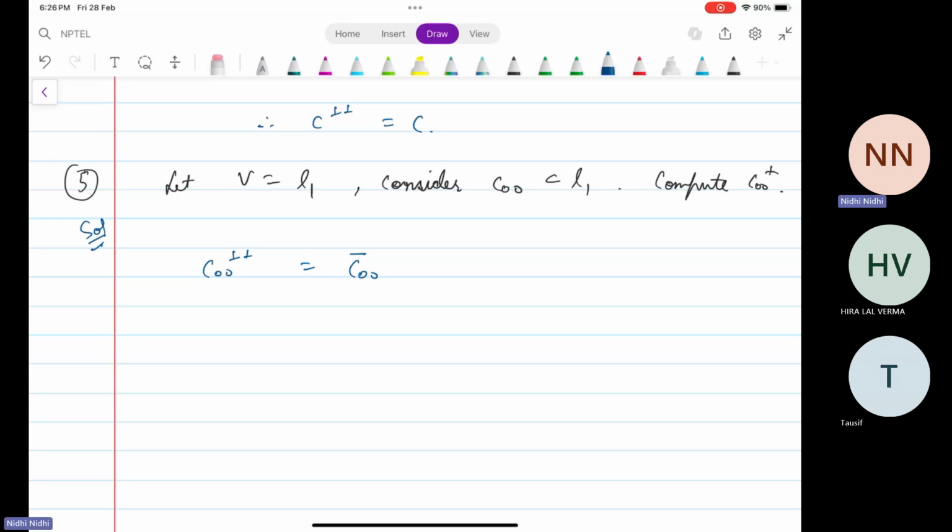So what is the closure of C00 in L1? Its closure is C0, but we are considering C00 to be a subset of L1. So we know that C00 is a subset of L1, which is a subset of C0. So I cannot take this closure to be the complete C0 because we are in the setup of L1. So instead, this will be just L1.